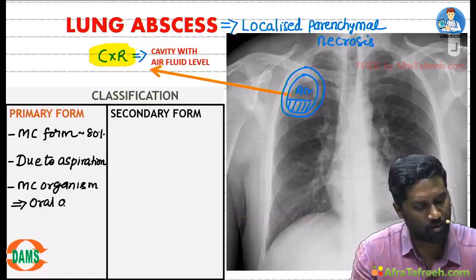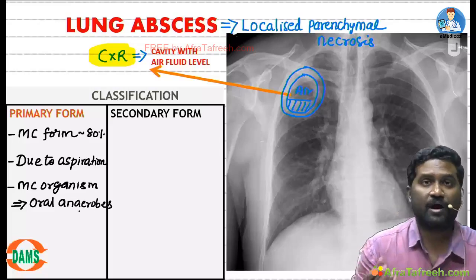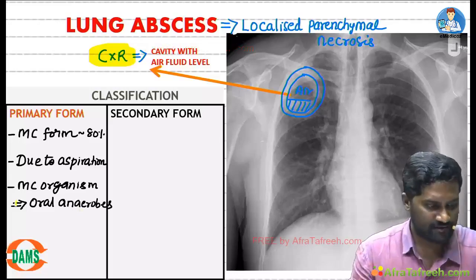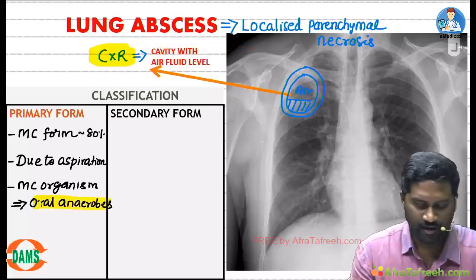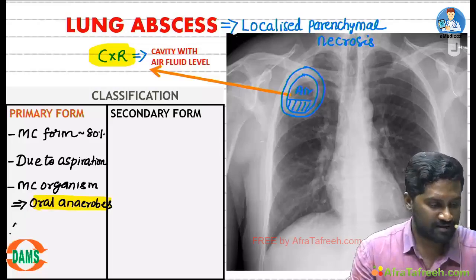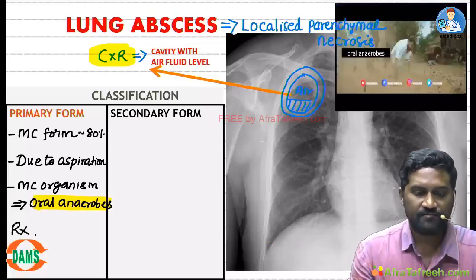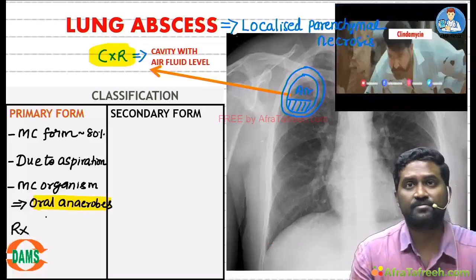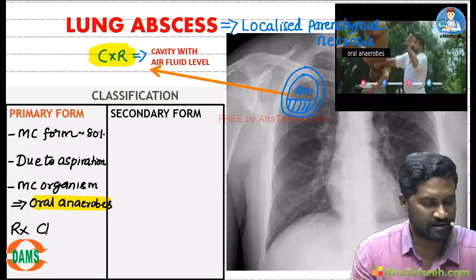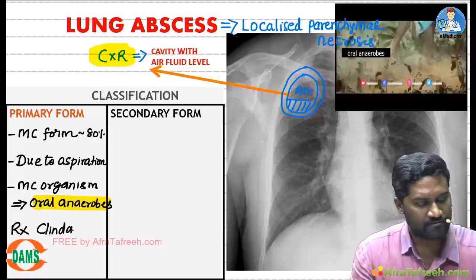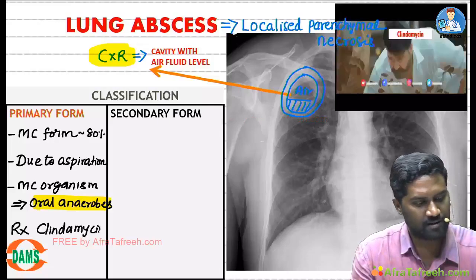What are they? Oral anaerobes. And what will be the drug of choice or treatment of choice for oral anaerobes? See here. If these are oral anaerobes, this is what clindamycin does to it. So treatment of choice is generally clindamycin.